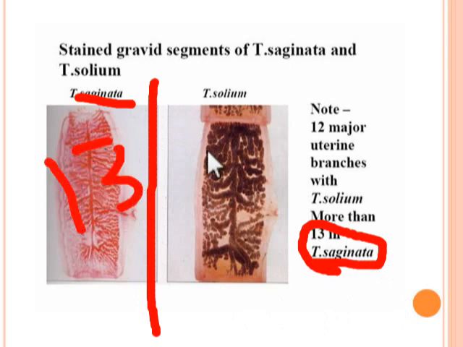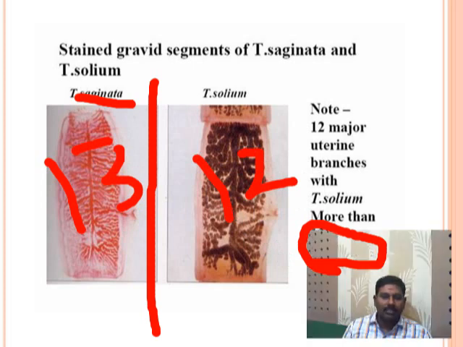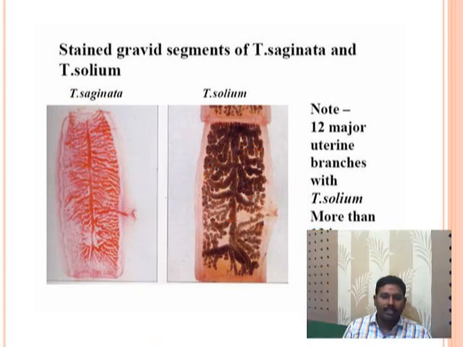These two important features are the difference: one is the uterine branches and the other is the rostellum and hooks. Taenia solium possesses the rostellum and hooks, whereas saginata does not. Uterine branches in Taenia solium are 12, whereas in saginata more than 13.